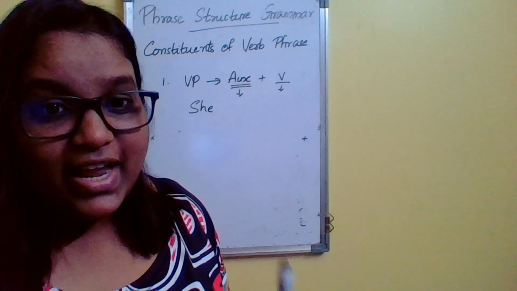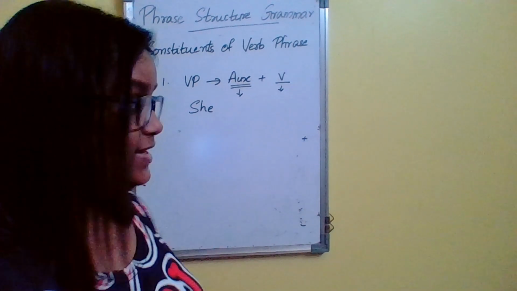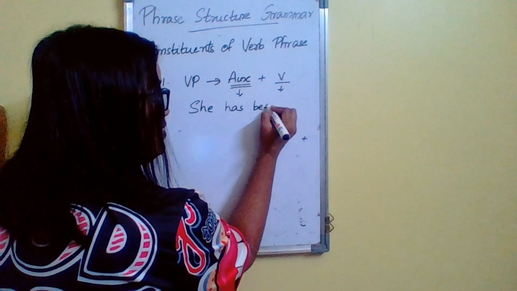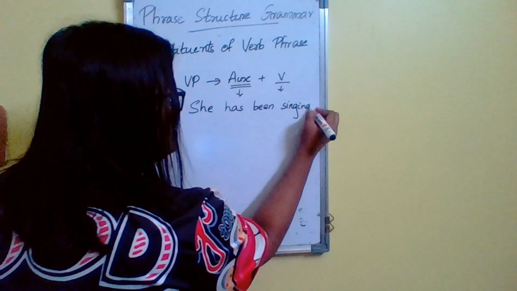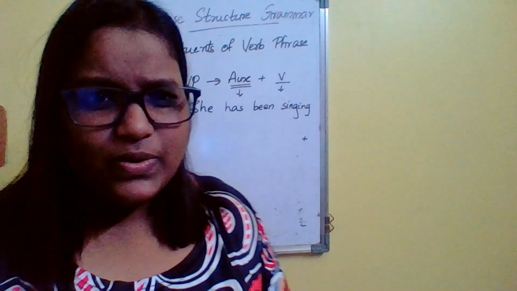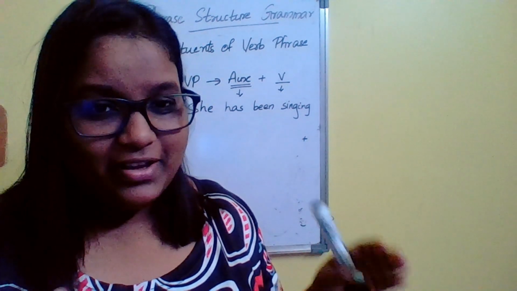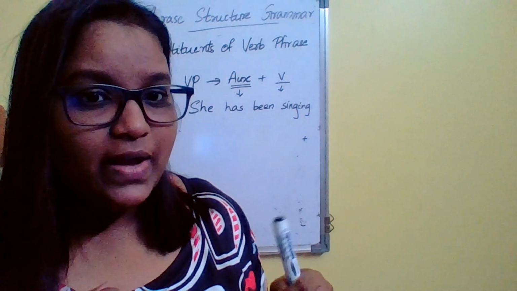Now let's do another sentence. The sixth sentence we are going to analyze is she has been singing. So it's a continuous progress. She has been singing for quite some time.